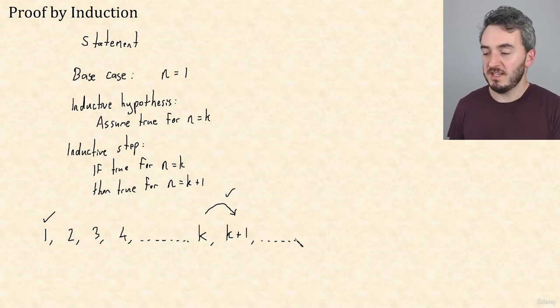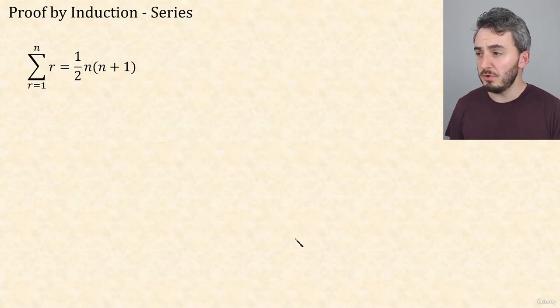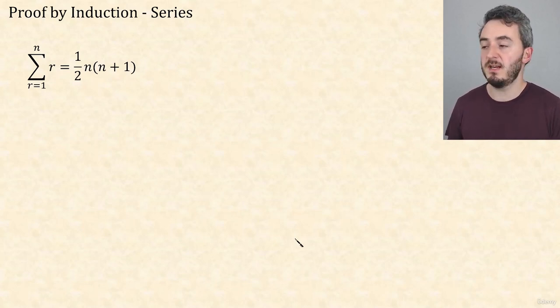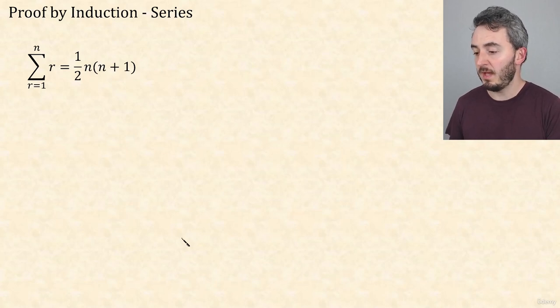This is all very abstract, so let's apply this to a couple of simple cases. So let's prove this result, which we saw earlier on in the course anyway, which is the claim that the sum of the first n natural numbers is half n times n plus 1. We could prove this directly, but here's how we do it by induction. So we do our base case. Let's just say, is this true when n equals 1?